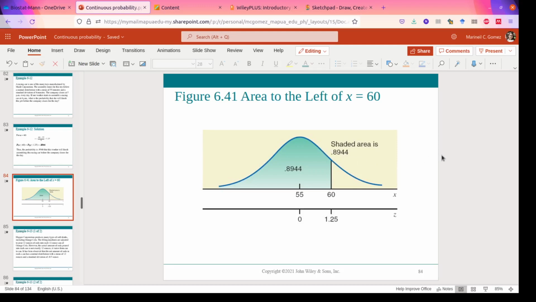So that's around 0.1056, or about 10%. The probability of not finishing on time is around 10%, and the probability of finishing on time is 89%, or 0.8944. So basically that's our probability.